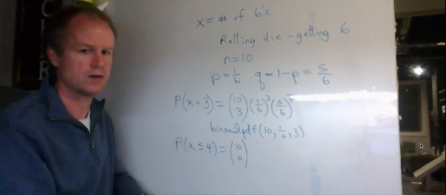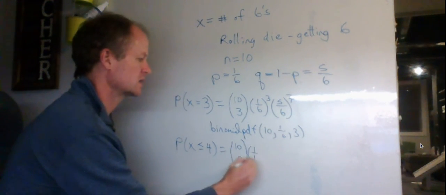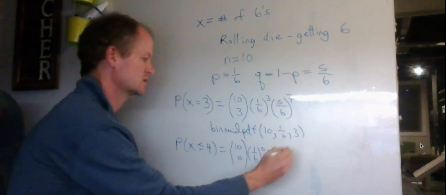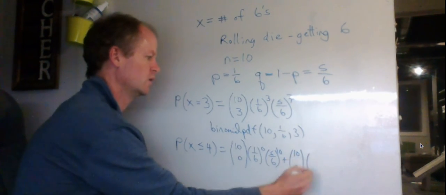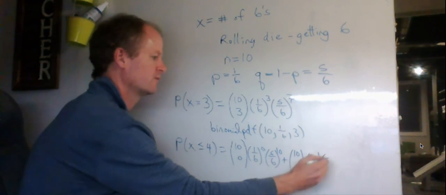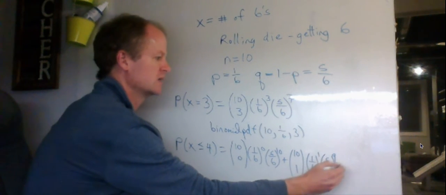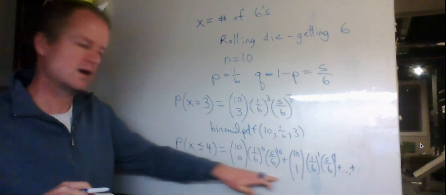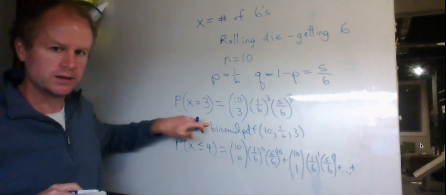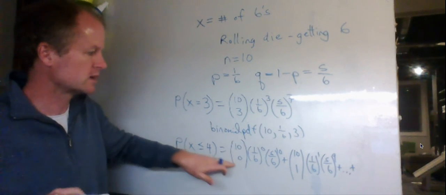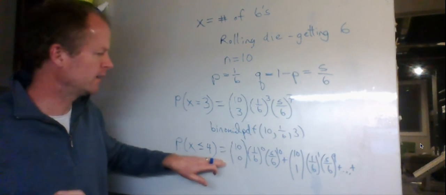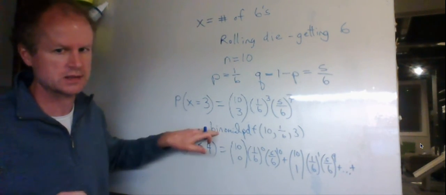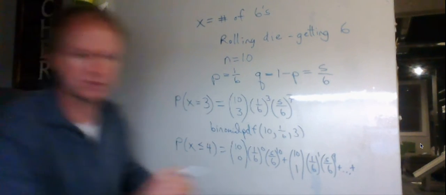That's an option when you do binomial. 1/6 to the 0, 5/6 to the 10, plus 10 choose 1, 1/6 to the 1, 5/6 to the 9, plus dot dot dot plus. Reminder, on the AP test, you need to write all this out. This calculator notation is not preferred. You need to write this math notation. I don't know if you're necessarily going to be penalized if you write just this, but you definitely want to make sure you include some of this math notation.